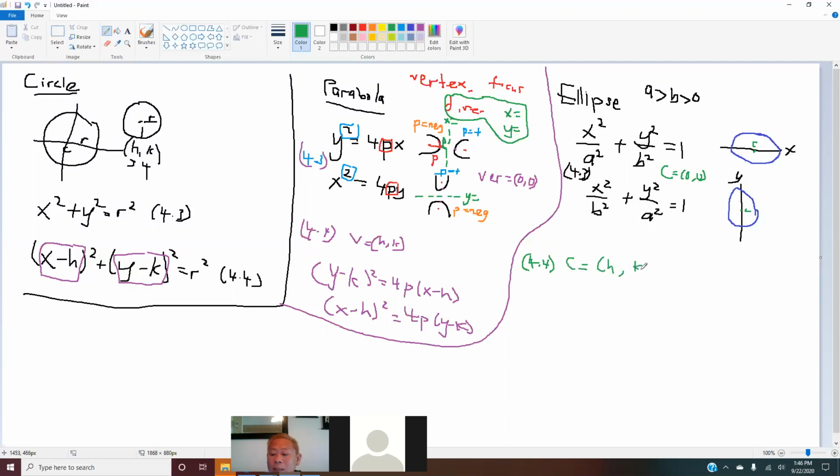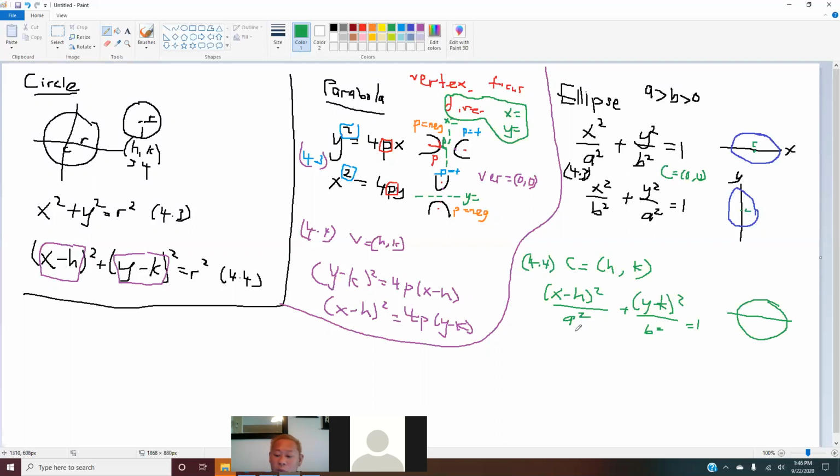Then it's the same thing that we just did in 4.3. Your x will be x minus h, your y will be y minus k. So you will get (x minus h) squared over a squared plus (y minus k) squared over b squared equals 1. This one will go on the x-axis.